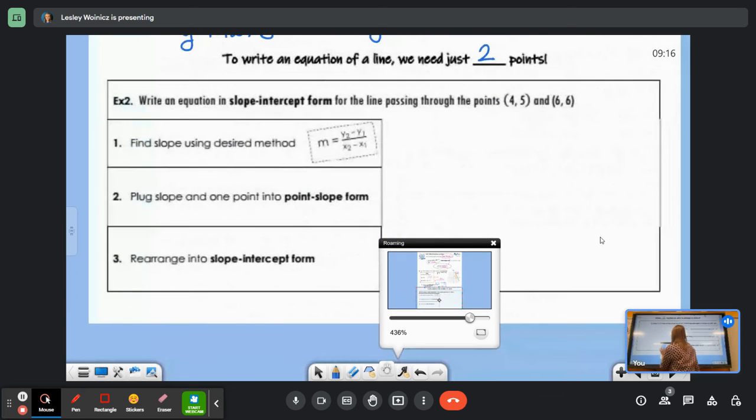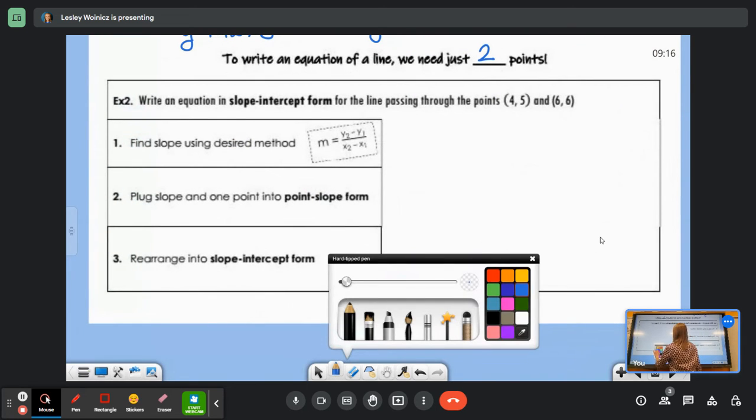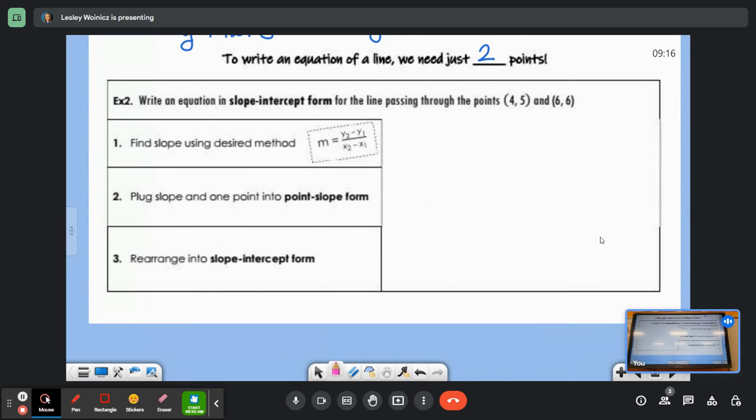All right, let's look at this example. We have to write an equation in slope-intercept form for the line passing through these points. Do you guys want to do the slope formula or a table? Slope formula. Okay, so we have to find the slope using the desired method. So label x sub 1, y sub 1, x sub 2, y sub 2.